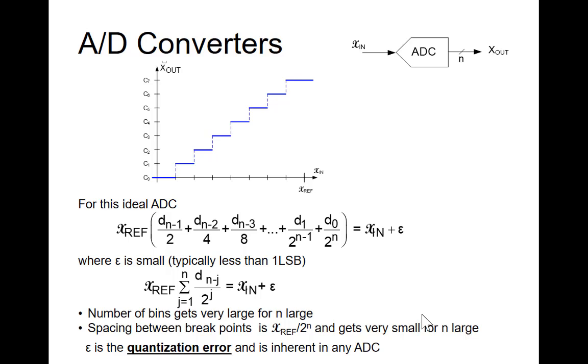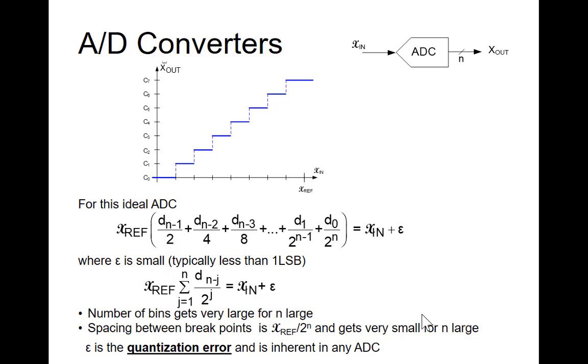So here's another representation of that same equation. We can think of an ADC as something that has bins. And each bin corresponds to a range of analog inputs that have the same digital output. If n is large, that is, we have a large number of bits of resolution, we have a large number of bins.